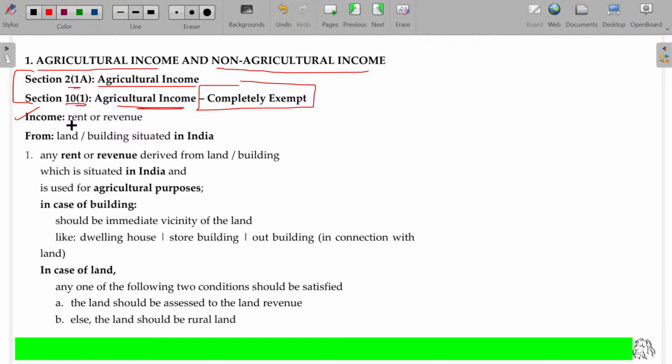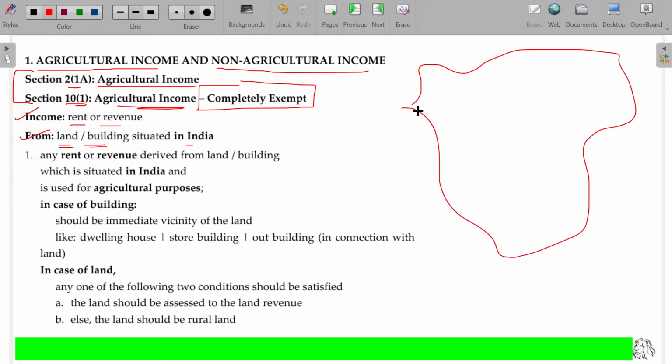The agricultural income could be rent and revenue from any land or building situated in India. So maybe agri farmland, this may be assumed to be the farmland.